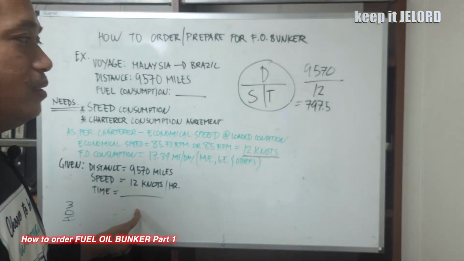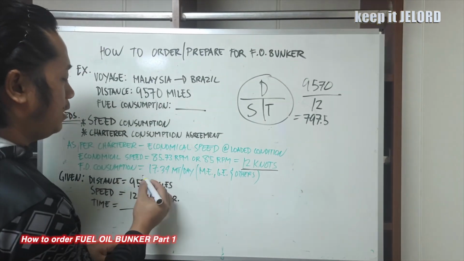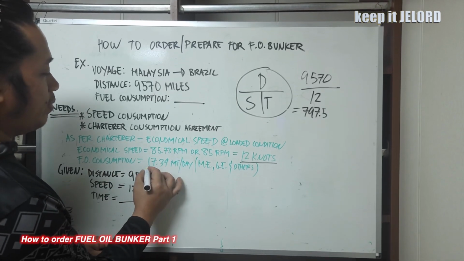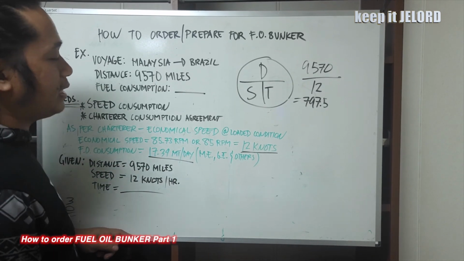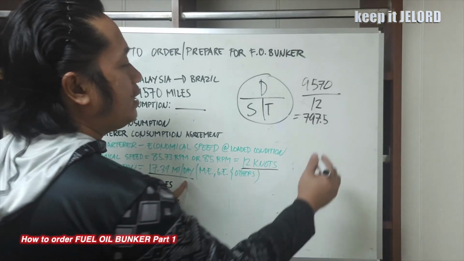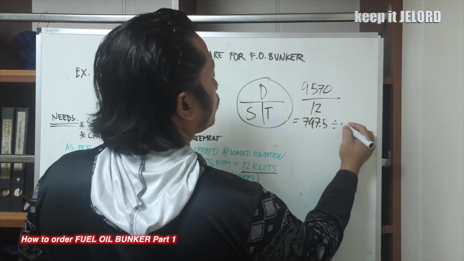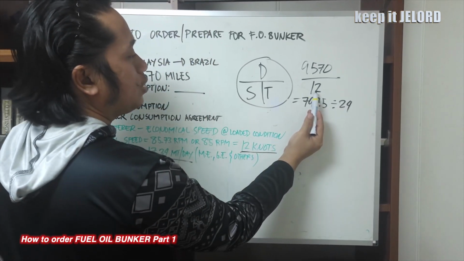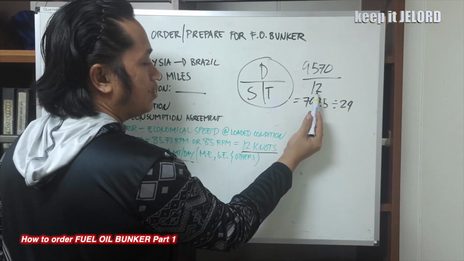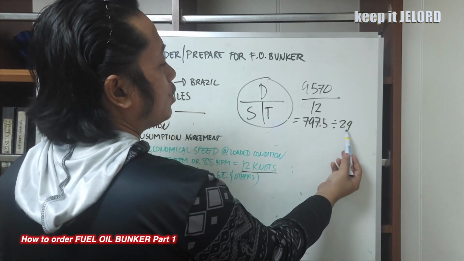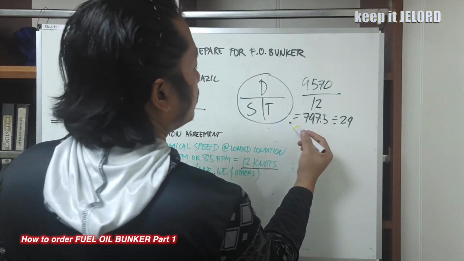But take note, what is being asked is fuel oil consumption of 17.34 metric tons per day. So we need to divide this by 24 hours, because 12 knots is per hour and we need to make it into days.